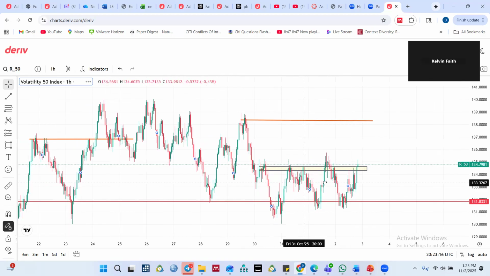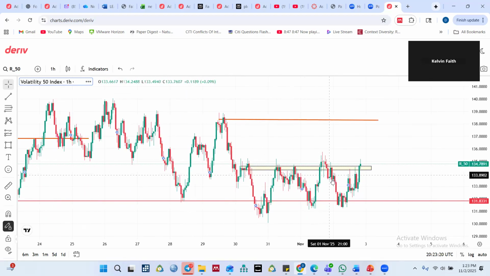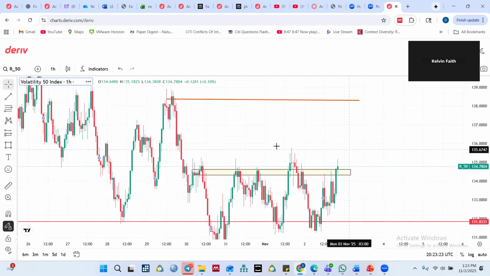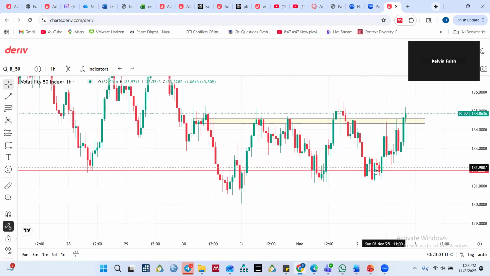We have that. So now we need a body close above the sellers in order for us to look for buys. Without that, we cannot look for buys. Okay, buying from below here is okay, but only above the red line.